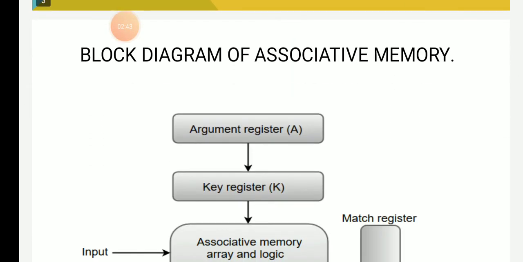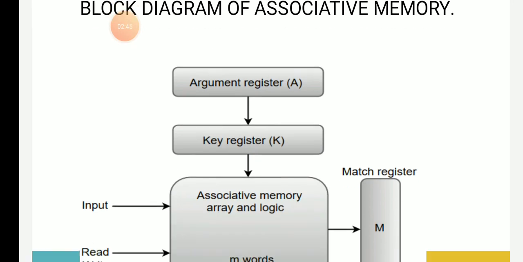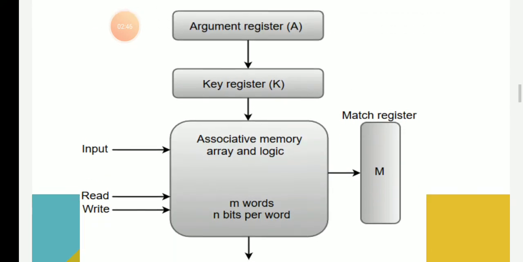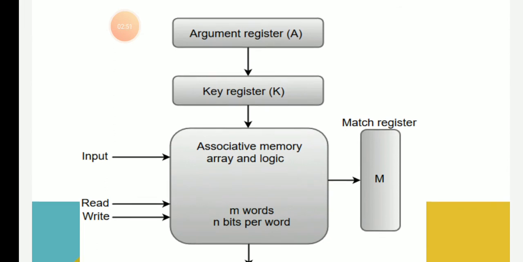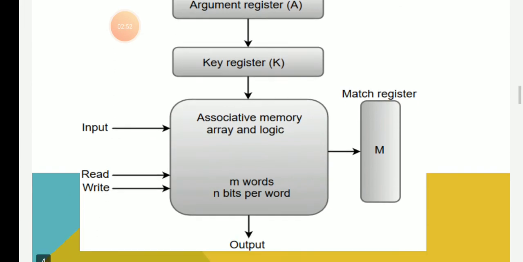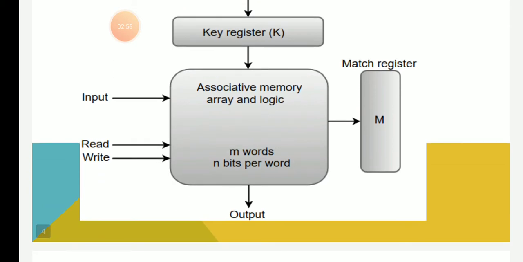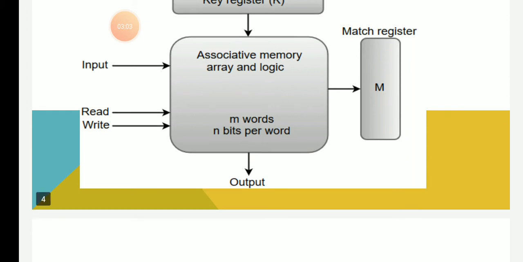So this is a simple block diagram of associative memory. You have the argument register A, the key register K, the associative memory array and logic with m words and n bits per word, the match register M, input, read and write operations, and the output.